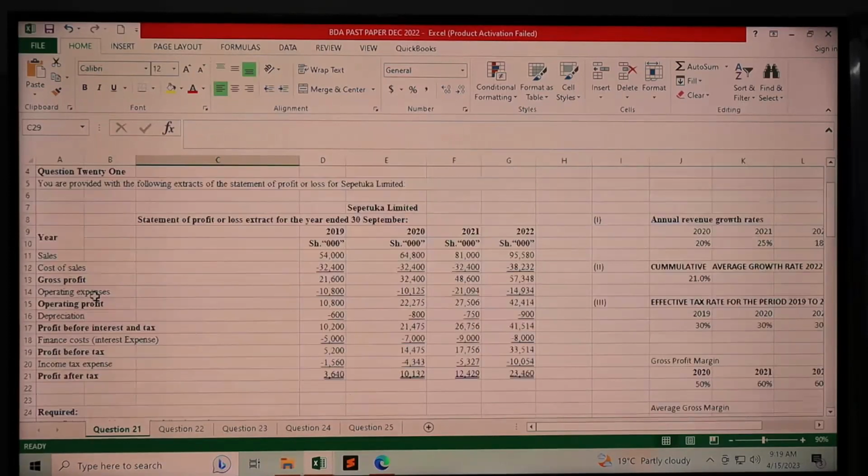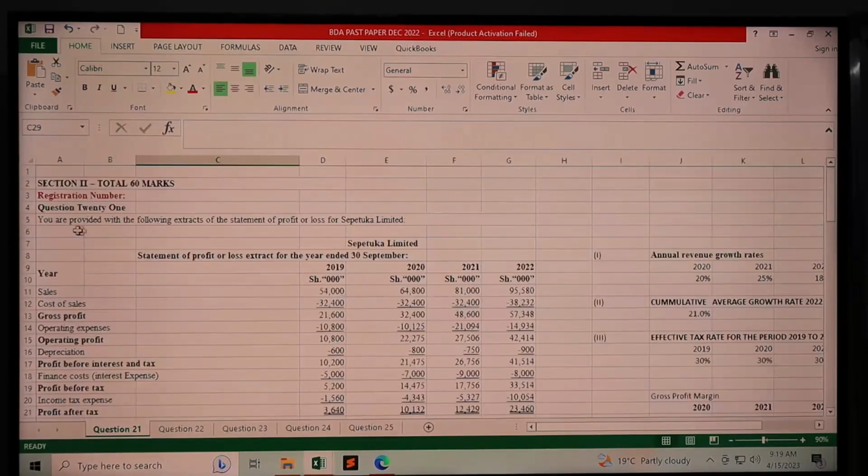So here you are given an extract of the statement of profit and loss. The statement provided here is for these 4 years, from 2019 to 2022. Then these are the items that are given.